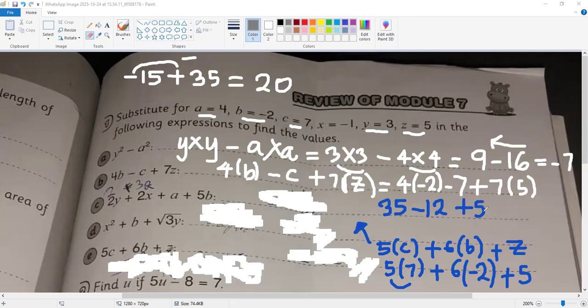Do we understand? So 35 minus 12, a quick one. Can you do the calculation yourself? Okay, if I guess right, I know you got the answer. That is 23, right? Bravo. 23 plus 5 now. So I have solved for these two, and that's 23. So plus 5.